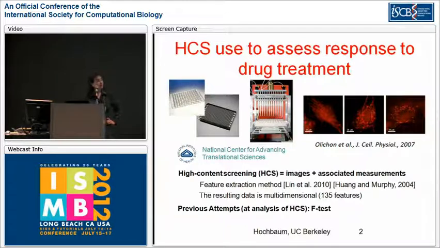And in those works, they extract multiple features, as many as 135 different features. The cells are cells that have been treated by various drugs or a control group that has not been treated. There were some previous attempts at analyzing these types of drugs, but the data is pretty overwhelming in terms of size and management of these complex data.